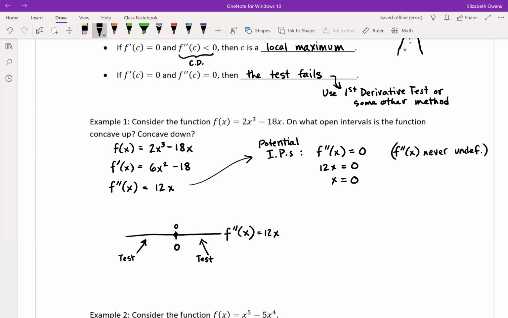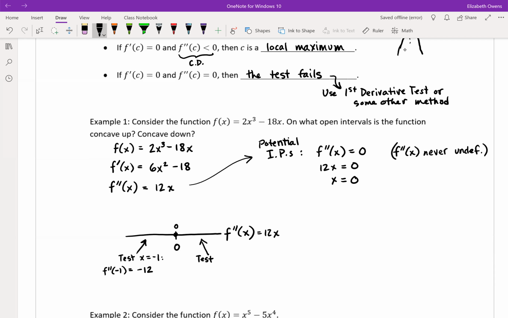And remember with this, you can pick a value of x, or you can think about general values, what's going to happen there. You might pick something like -1 over here, any negative number to test this interval. If you plug it in to your second derivative, in this case, we would get -12 if you're testing x equals -1.